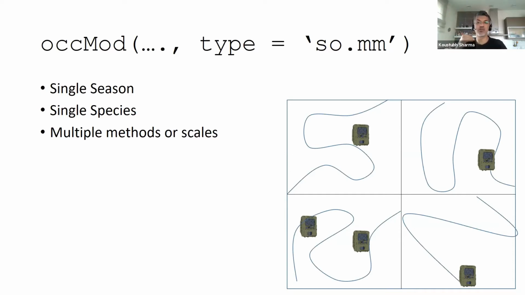In this case, you can use multiple methods. The example I've put here is you can even use a camera trap and sign survey. You can use camera trap, sign survey, and interview-based data. The only point one needs to keep in mind here is that the probability of detecting a snow leopard on a camera is almost certainly going to be very different than the probability of detecting a snow leopard on a transect.